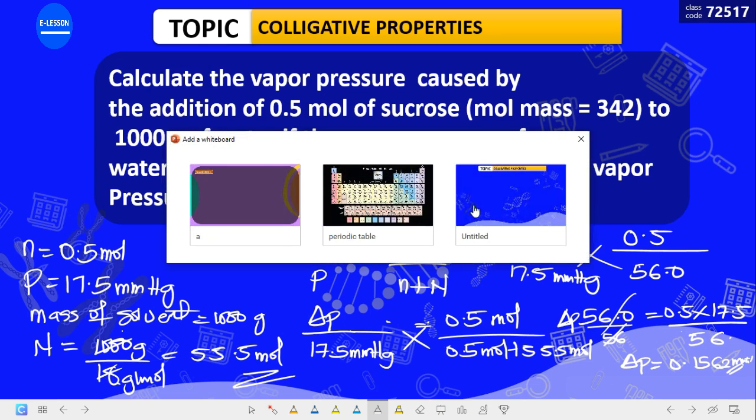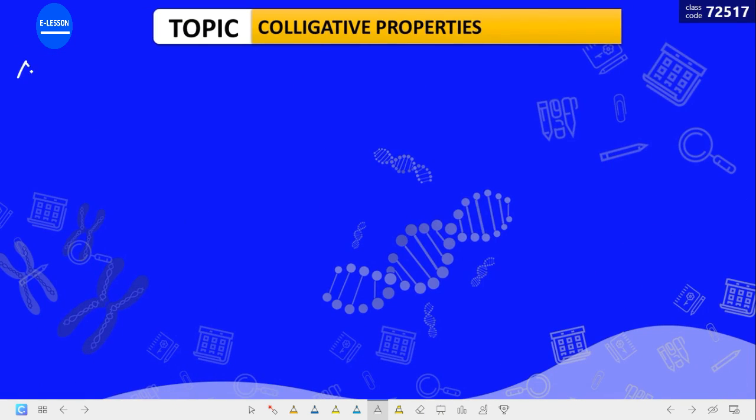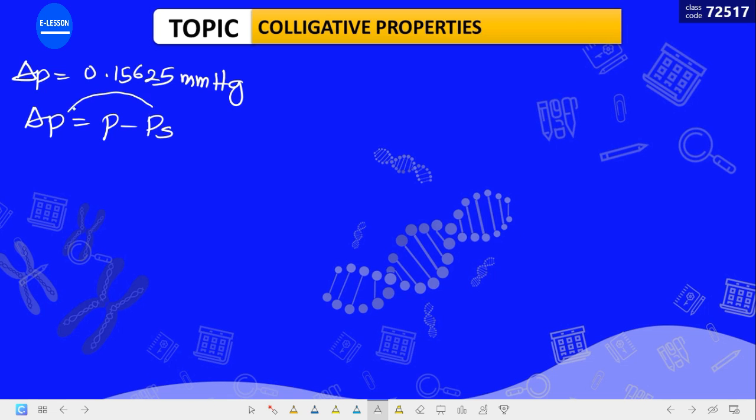Now let's come to a fresh sheet. Our change in P, which is the vapor pressure lowering, is 0.15625 millimeter of mercury. But we know that change in P is P minus Ps, where P is the vapor pressure of the pure solvent and Ps is the vapor pressure of the solution. So we are looking for Ps. Take Ps to this side.